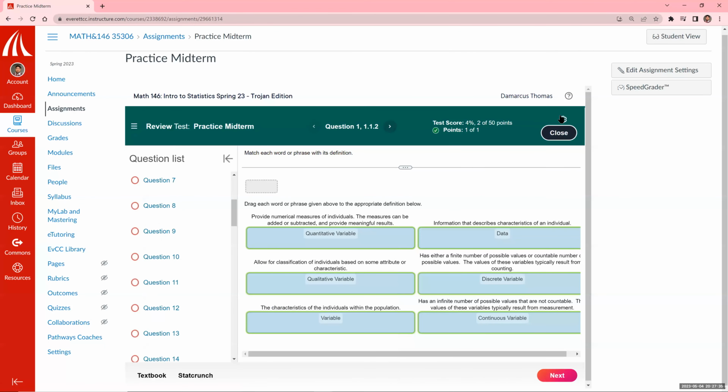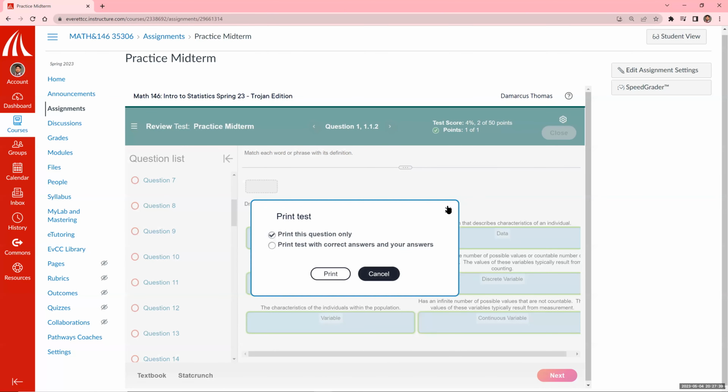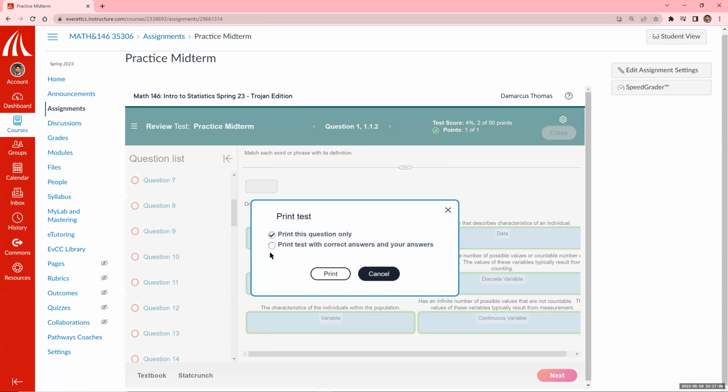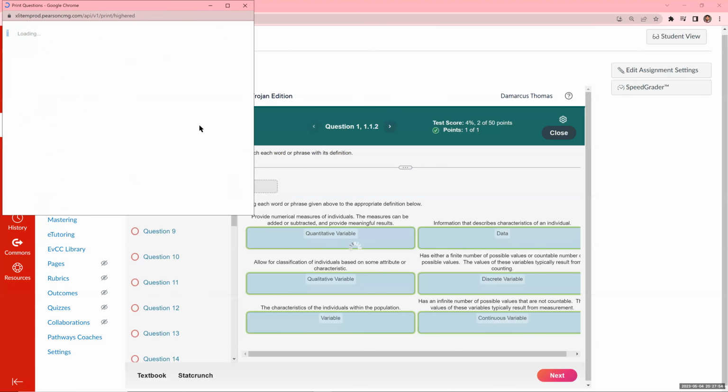One second. So when you choose print, now this is what I mean. When you go to settings, choose print, you can print the test with the correct answers and your answers. And probably it might be a good idea to just print it to a PDF document.